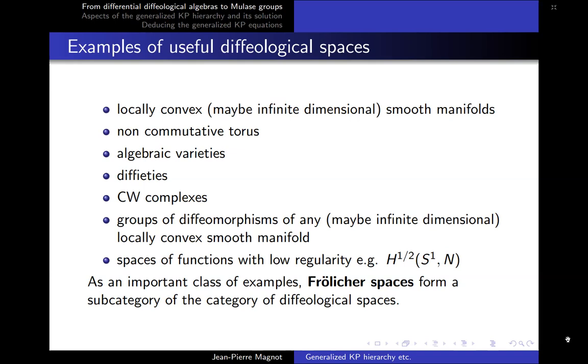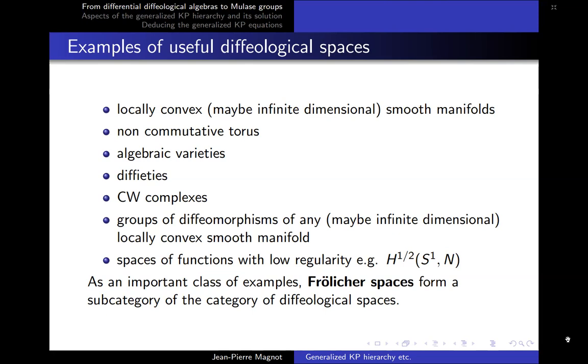I took here the example of the Sobolev space H^{1/2}(S^1, N), where N is itself a finite dimensional manifold.